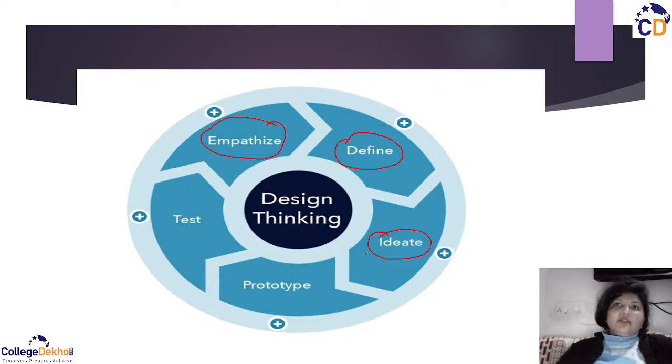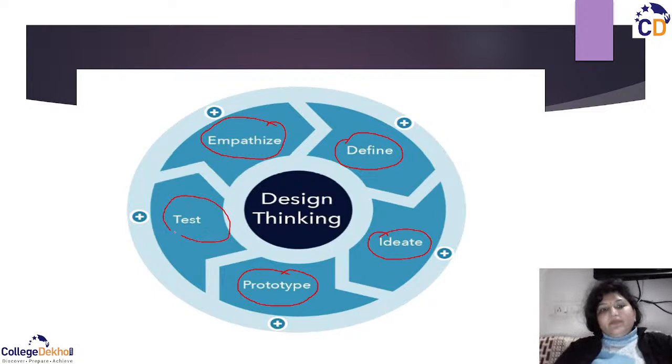Then you select the optimal solution to the problem, the one for solving that problem. Then you build a prototype, and then you test that prototype. So it's an ongoing process, an iterative process.